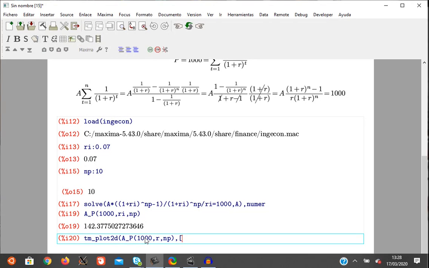The X label will be discount rate, the Y label will be annuity, dollars per year, and the title will be annuity equivalent.